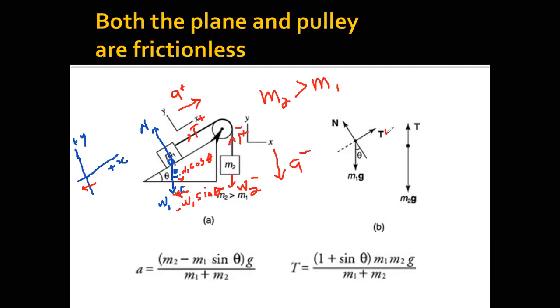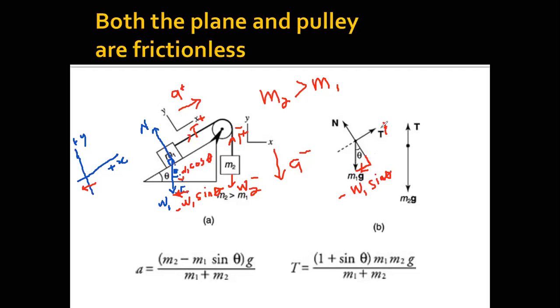Once we transfer these forces here, we can see that we have tension, which is positive. Then the N here is in the Y direction; it doesn't account for motion. Neither does W1 cos theta account for motion. The only force in the X component will be the one we resolved, W1 sine theta.